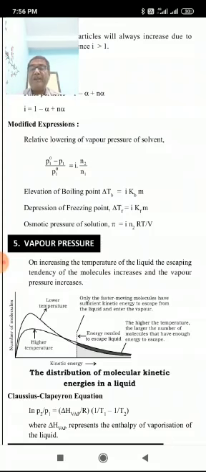Now, application of osmosis in our everyday life.